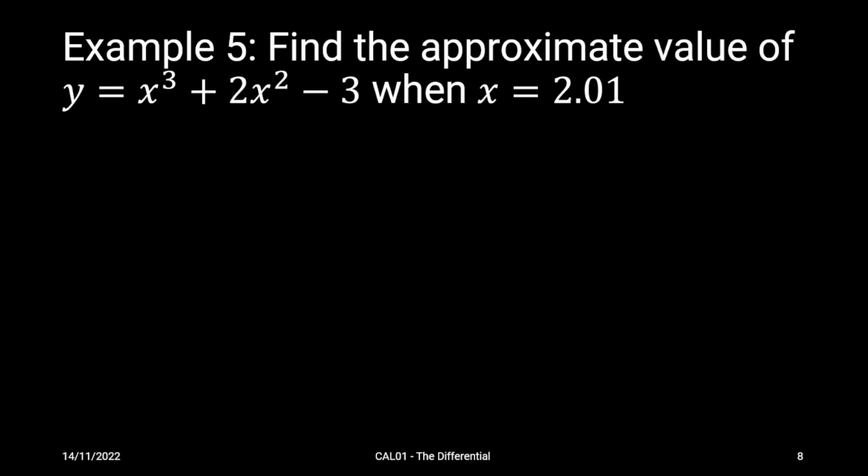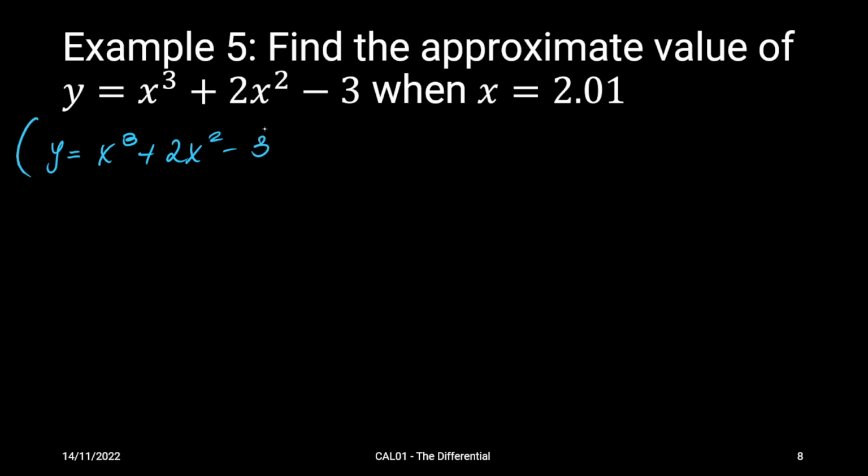So, we have: find the approximate value of the function y is equal to x cubed plus 2x squared plus 3 when x is equal to 2.01. Now, so, say we have y is equal to x cubed plus 2x squared minus 3.